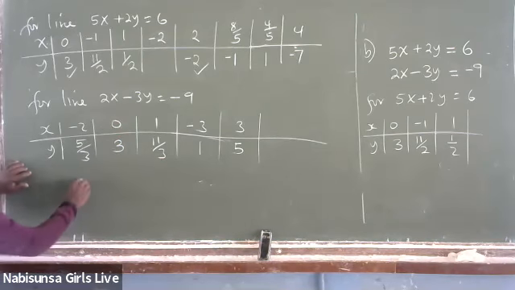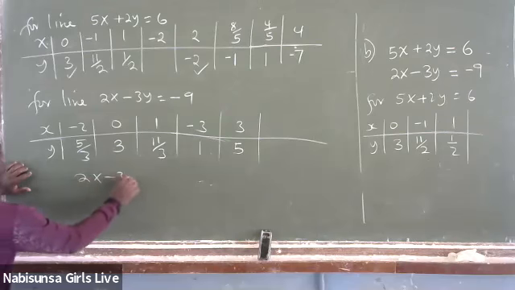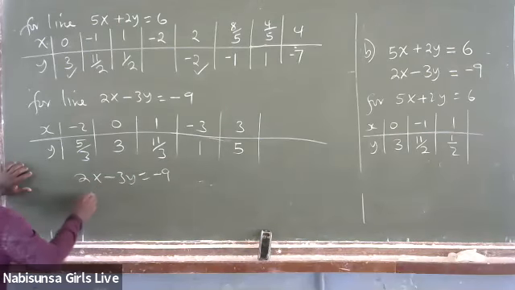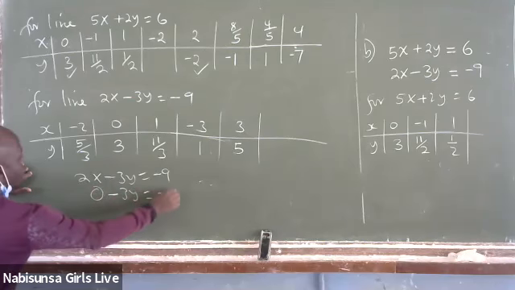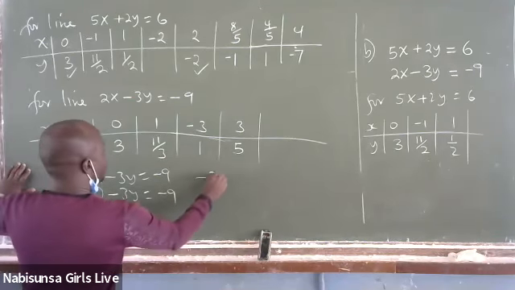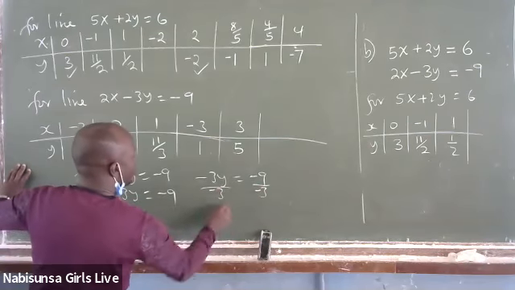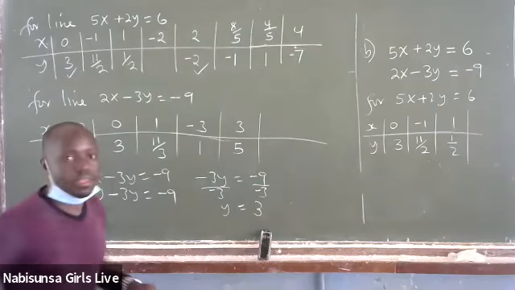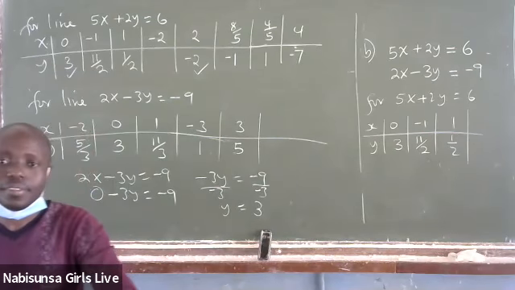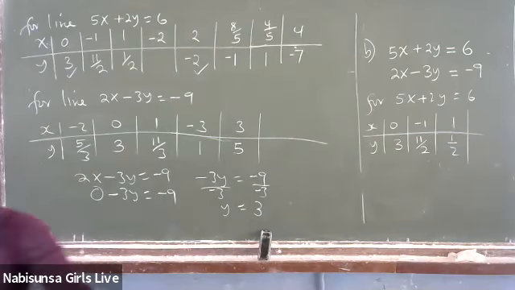Let us try out 2x minus 3y is -9. When you put 0 here, this is going to be 0 minus 3y is -9. You get -3y as -9, divided by -3, you get y as 3. Sorry, teacher, I had not seen the -9. Okay, Crystal.